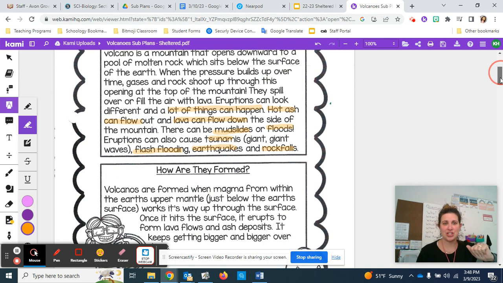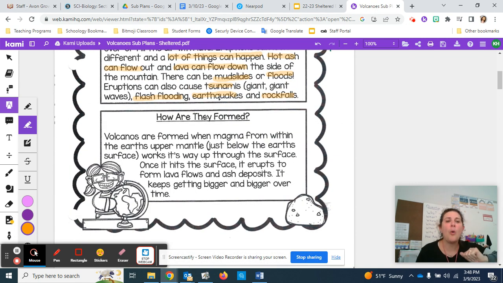The next section, how are they formed, right? How are they formed? ¿Cómo se forman los volcanes? Volcanoes are formed when magma from within the earth's upper mantle works its way up through the surface.